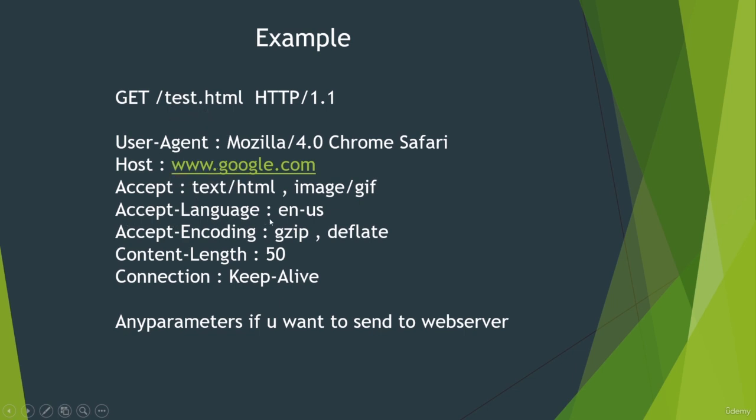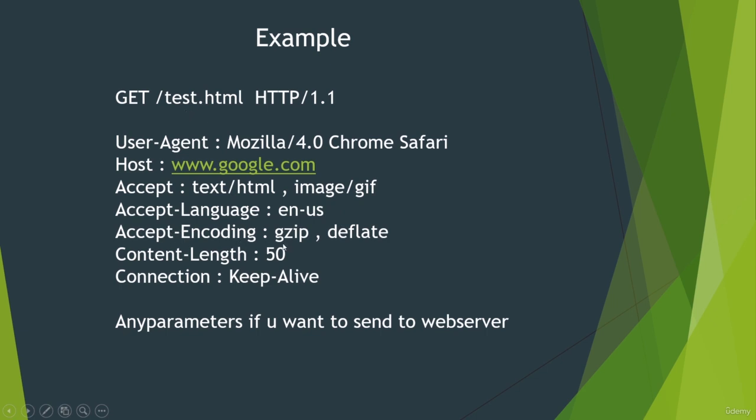And Accept-Language means I want to get this test.html in the English language. You can see en-US stands for United States English. I mean the content of test.html should be in English. You can also mention any other language if it is available, or you can just Google translate it.